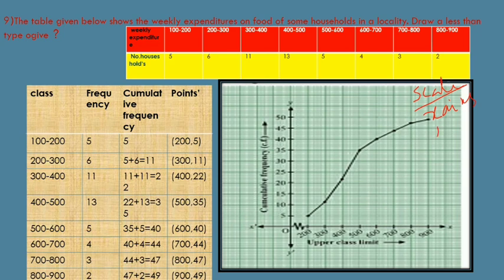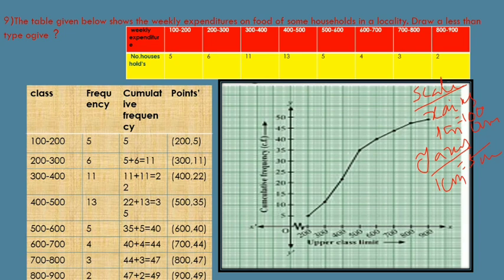First of all, write a scale. On the x-axis, 1 centimeter equal to 100 units, and on the y-axis, 1 centimeter equal to 10 units. You can write the points on the x-axis and y-axis, the positive sides.